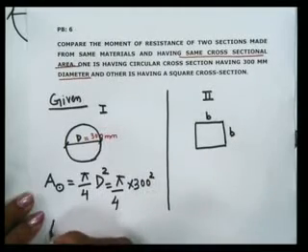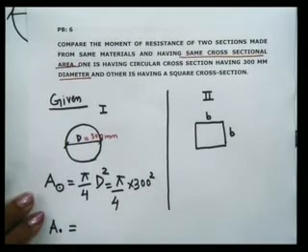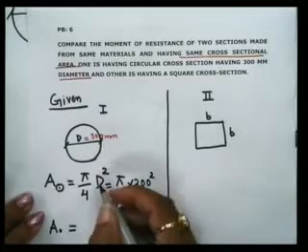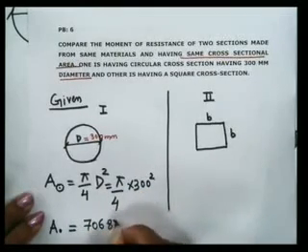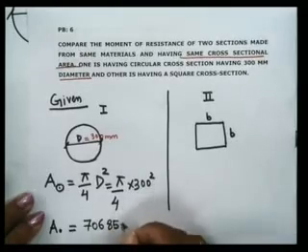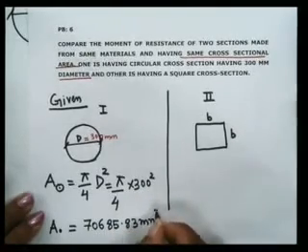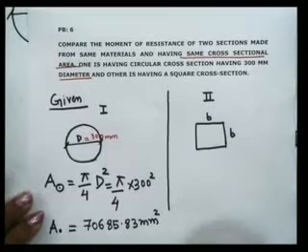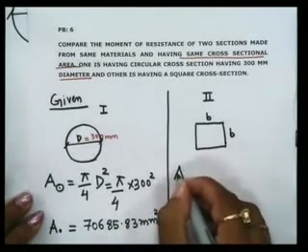So we get the area of the circle as 70685.83 mm square.